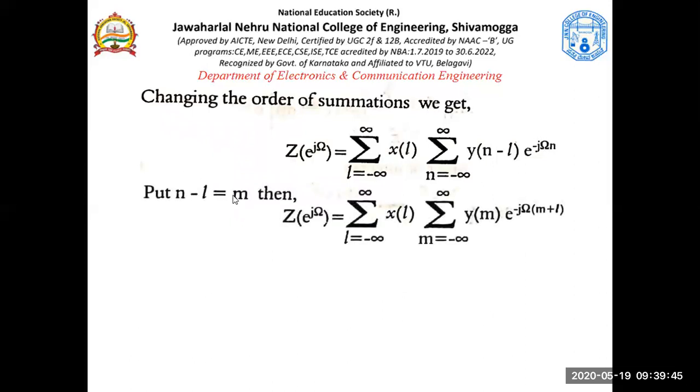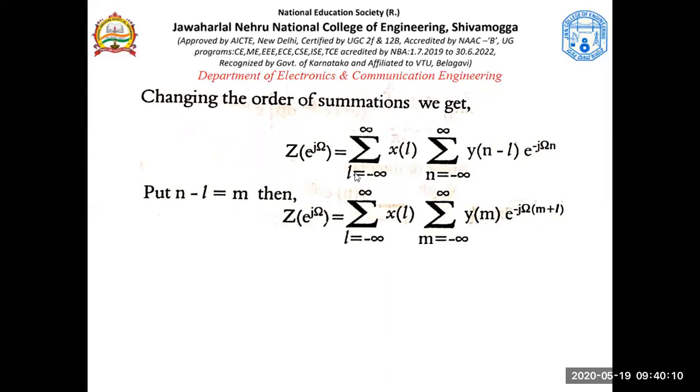Let's see. n minus L is there, right? So n minus L, let's take that as m. If you take n minus L as m, n would be m plus L. So n minus L is taken as m, and soon after this, this becomes m. So this n would also turn into m here.